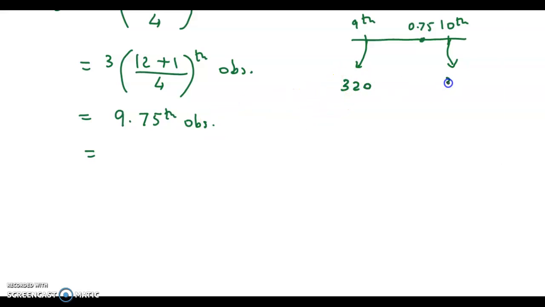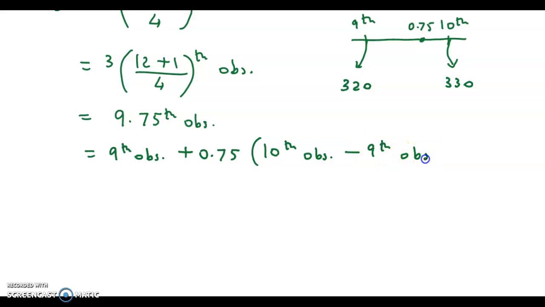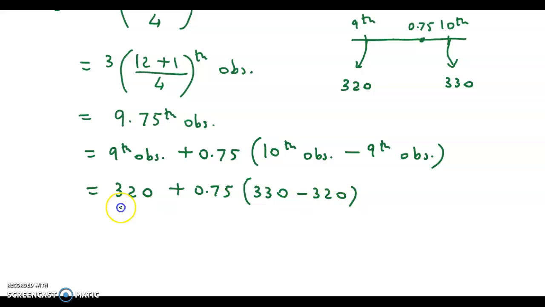This is 320, this is 330, and now we can split this as the 9th observation plus 0.75 into the 10th observation minus the 9th observation. Now the 9th observation is 320 plus 0.75 into the 10th value is 330, 9th value is 320.